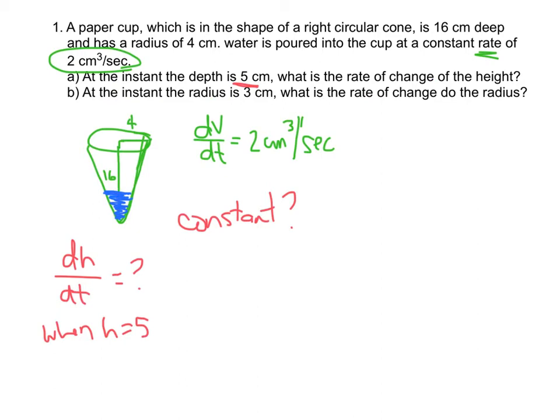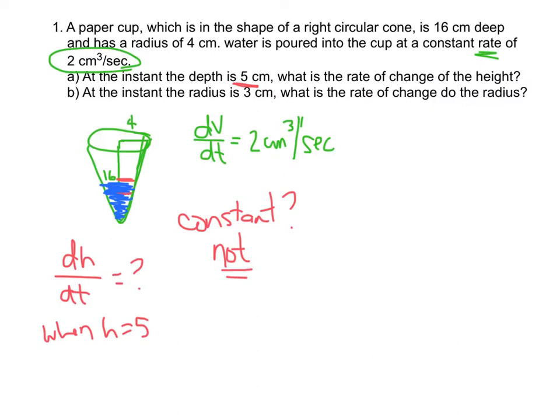But if you look at the radius at different times, right now it is so long. And then if you continue and fill it up just a little bit more, what happens to the radius? Well, now the radius is even that much longer. And so both the height and the radius are changing in a cone as you are filling it up or emptying it out. So we would have to say that there is not a constant.